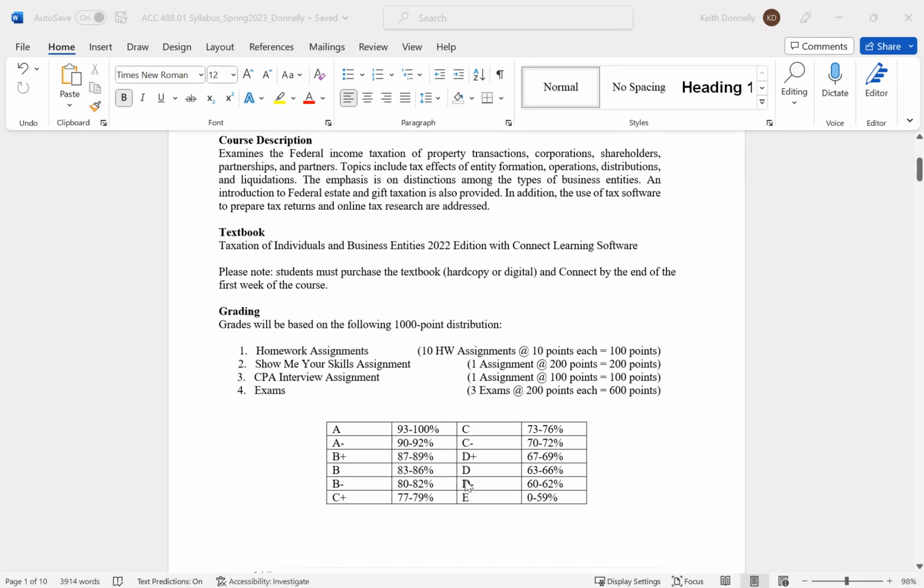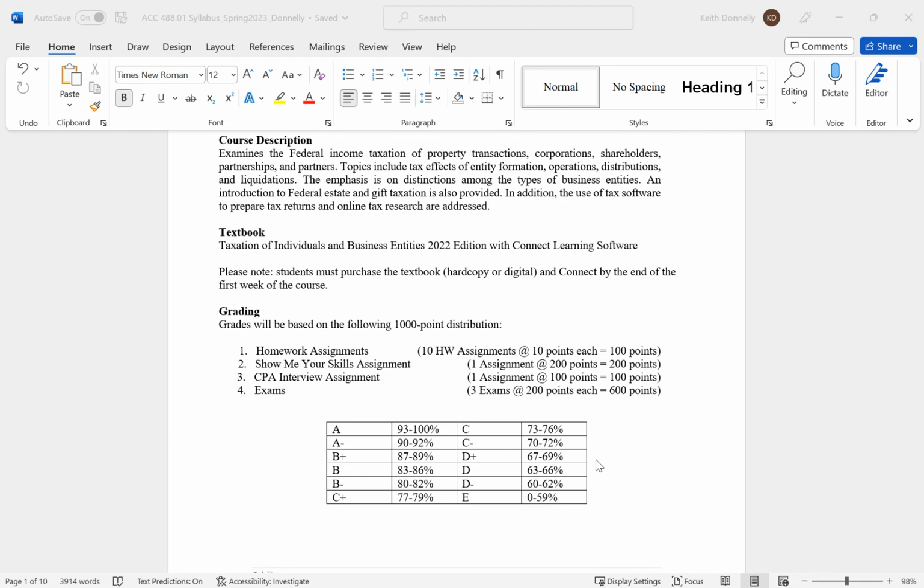So this class, it's out of 1,000 points. Wherever you land at the end of the day, you land. So if you get 920 points, that's a 92. You get 845, that's an 84.5. It's as simple as that.